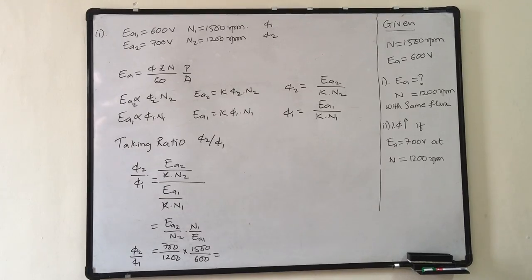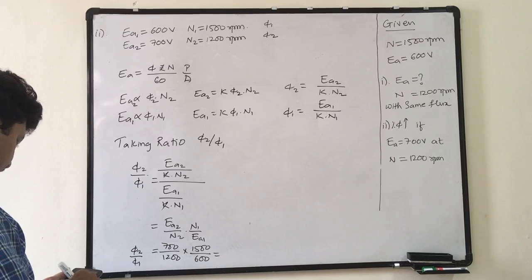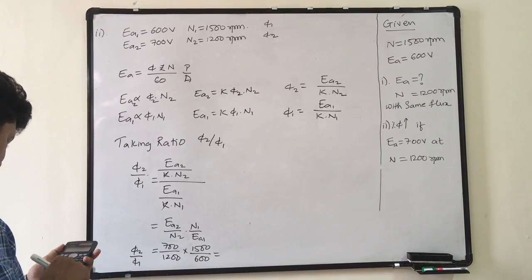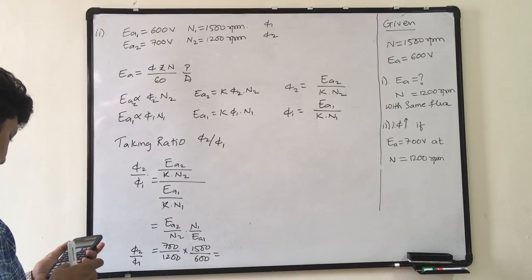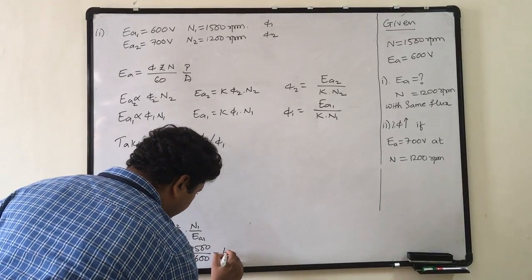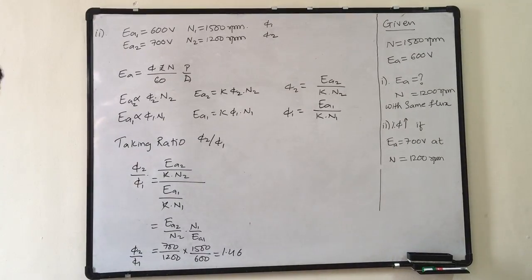Okay. So this will come out to be 1.45, 1.46. You can take 1.458. We have 1.46.